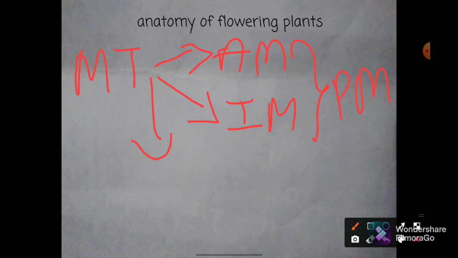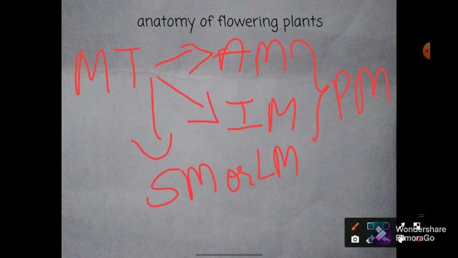Now, the leftover meristem is called secondary meristem, or it is also called lateral meristem. Why is it called secondary or lateral meristem? First of all, the primary meristem is called such because it helps in the primary growth in the early life of the plant. That means when a plant is growing, it grows with the help of apical meristem and intercalary meristem. So they are called primary meristem.